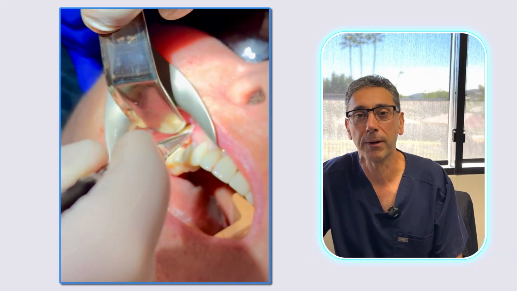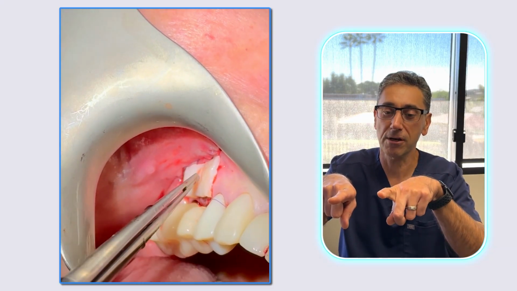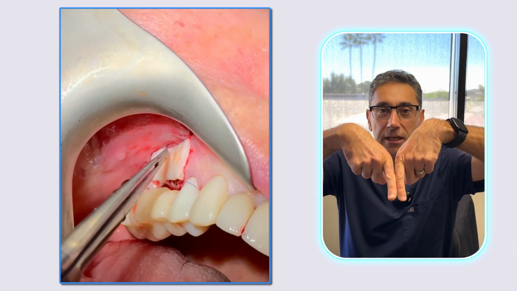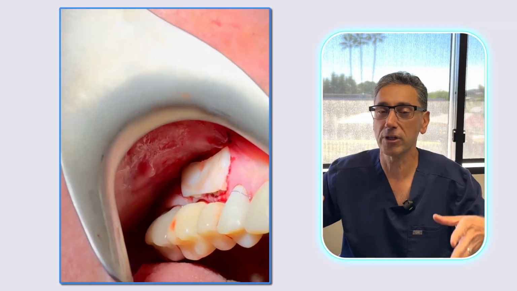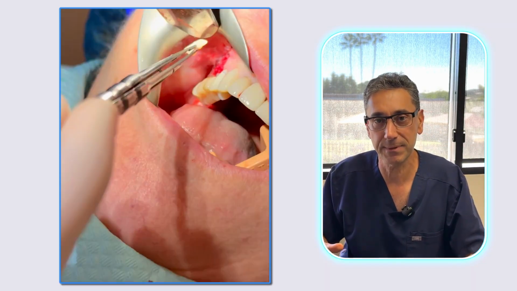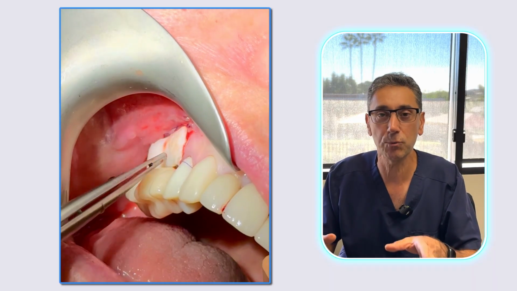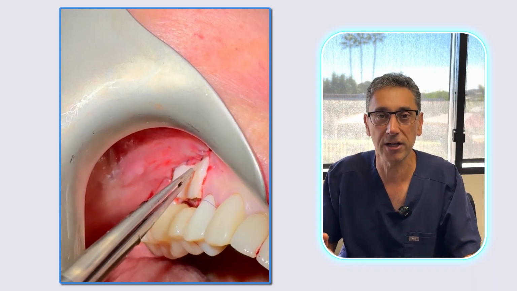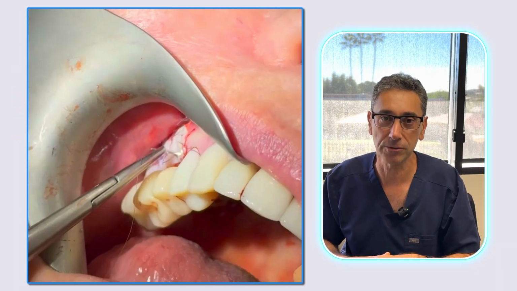We call it a butt joint: all the margins of the recipient side and the margins of the graft are attaching like this, and it should be perfectly matched. Usually the graft is a little bit bigger than the recipient site, so we are able to trim. It's always better to be bigger than smaller, right? Because we can cut it, we can trim it. So when we receive that, we start suturing it.